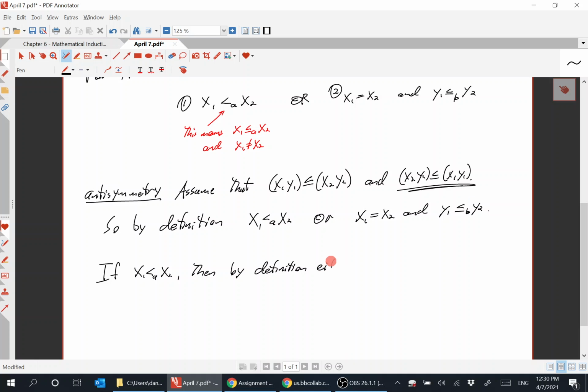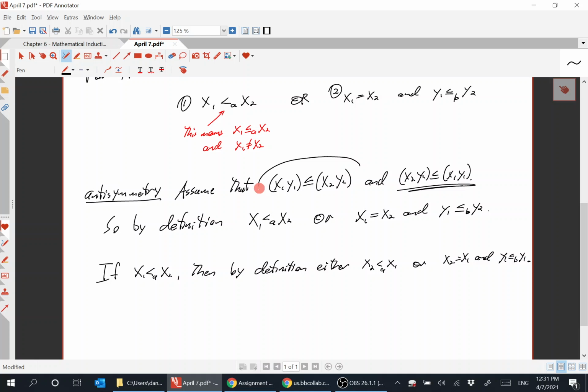Either x2 is less than x1 in A, or x2 equals x1 and y2 is less than or equal to y1 in B. Alrighty. So first we apply the definition to this, and that tells us you either have this or you've got this.